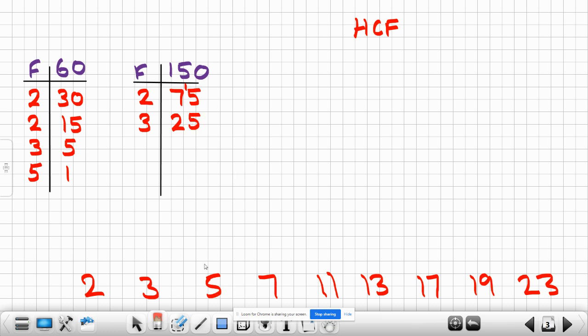Okay, now we're moving on and we're looking at 5 as the next prime factor. 25 divided by 5 leaves 5. 5 can be divided by 5 again, and we're down to 1.